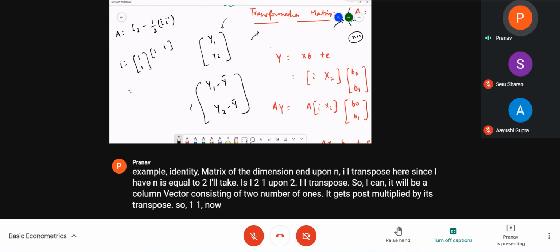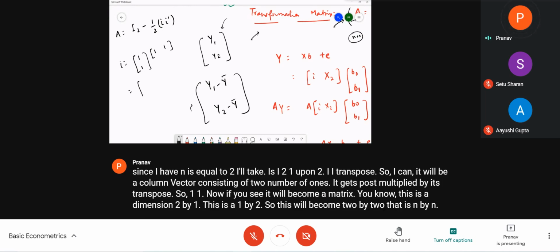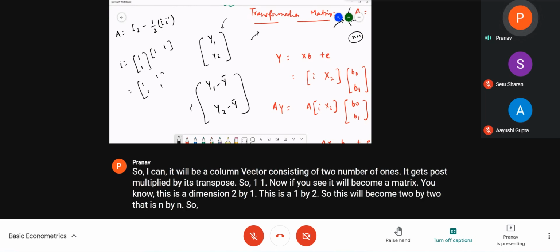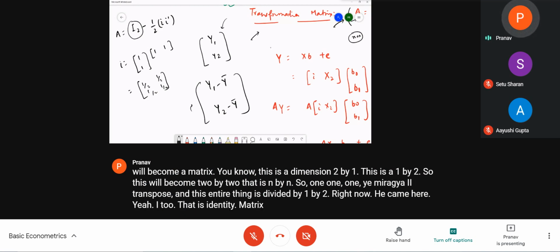This is of dimension 2 by 1 times 1 by 2, so it becomes 2 by 2, that is n by n: 1, 1, 1, 1, divided by 2. And this I_2 is the identity matrix of order 2.